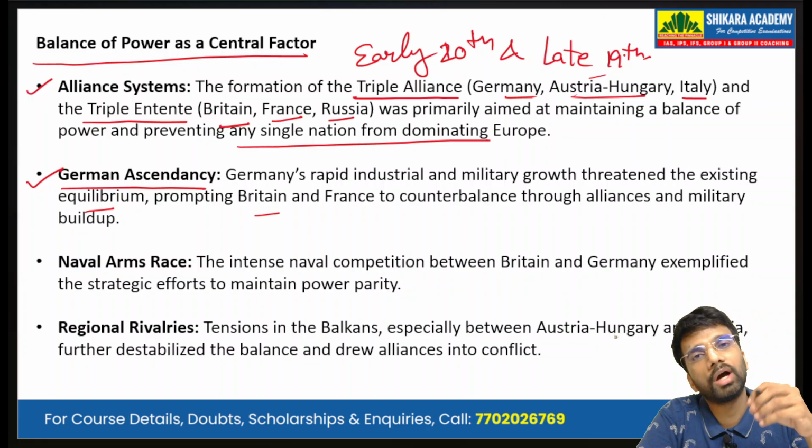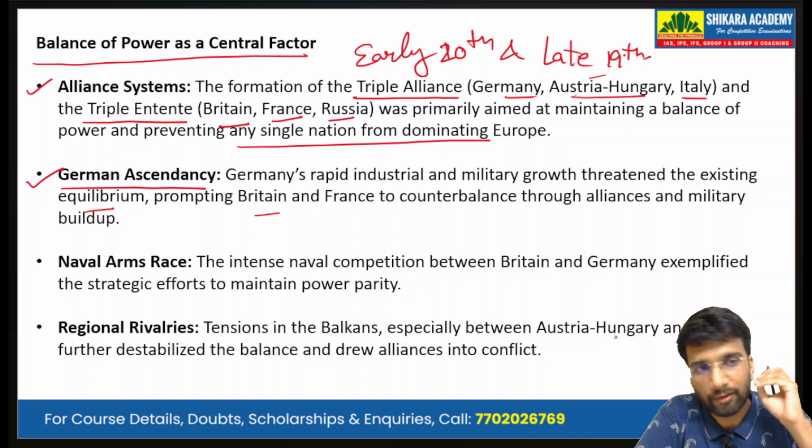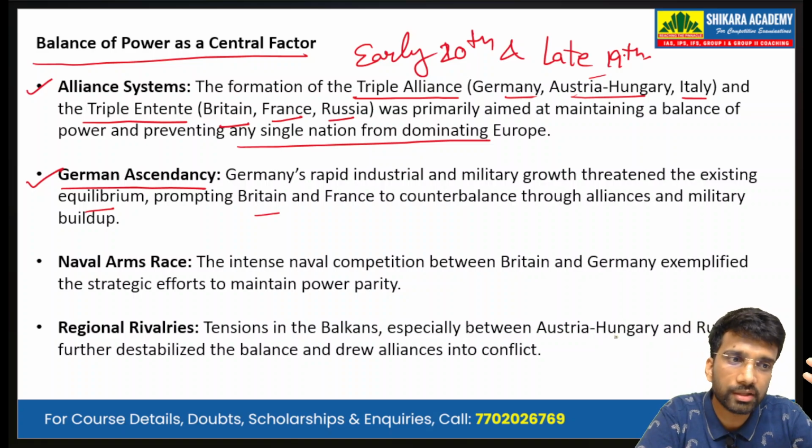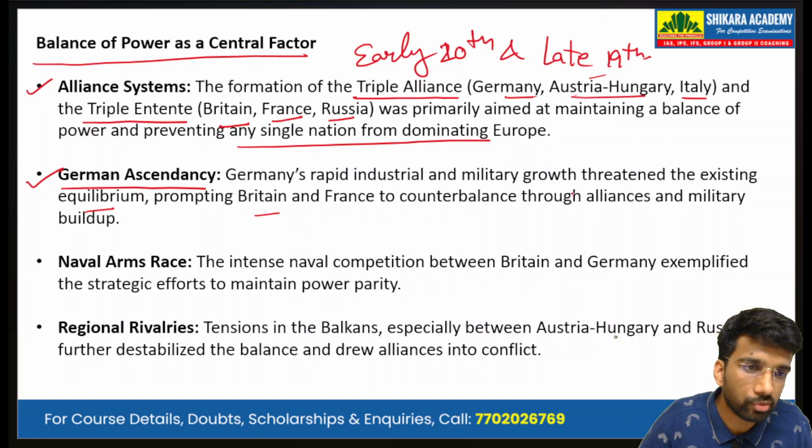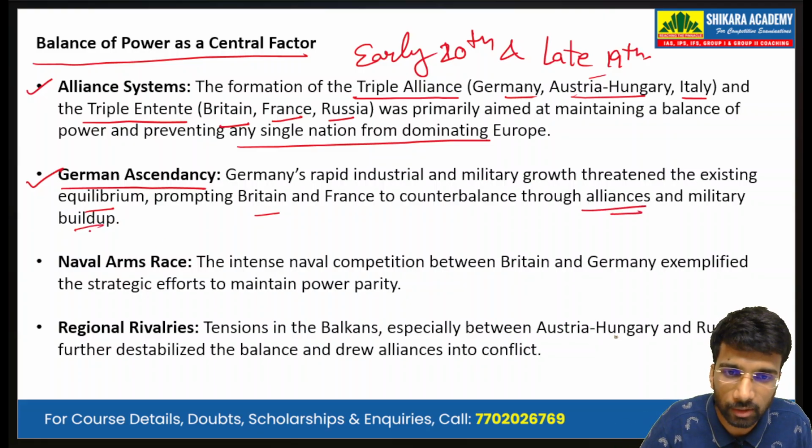Germany also carved out certain colonies for itself in Africa. So all this threatened the present equilibrium in which Britain and France were the dominant powers. So they tried to counterbalance Germany's rise through alliance formation and through military buildup.